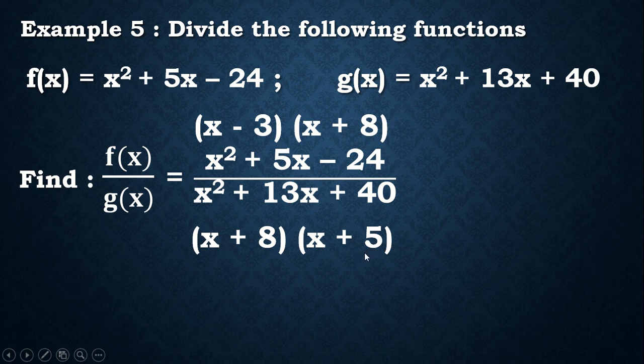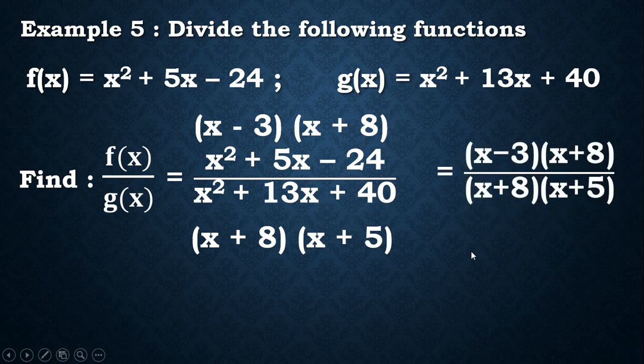X times positive 5, that is positive 5x. That will be added to 8 times x, that is 8x. So in the middle term we have plus 13x, or simply 8 plus 5, that is 13, combined with the variable x. And then for the third term, you have to multiply 8 times 5, that is 40, or plus 40.